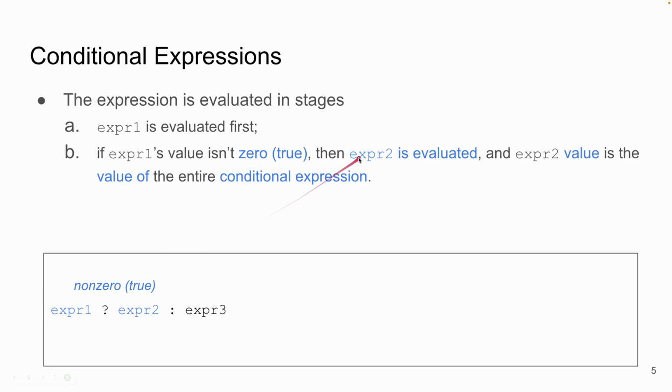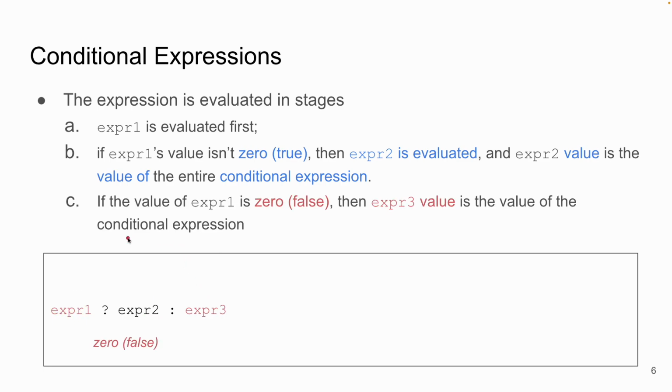Then expression 2 will be evaluated, and the return value of expression 2 will be the value of the entire conditional expression. That is the first situation, where expression 1 returns true.